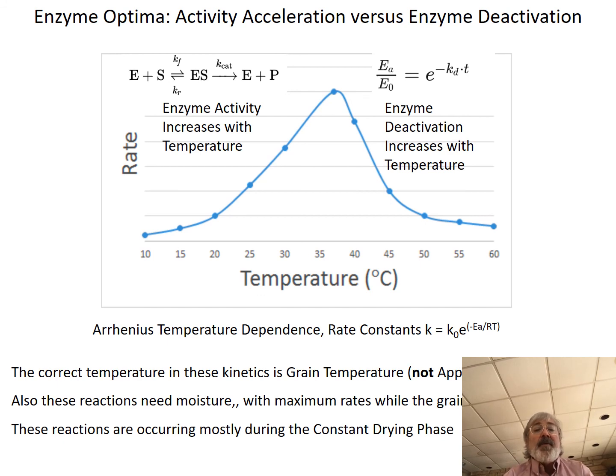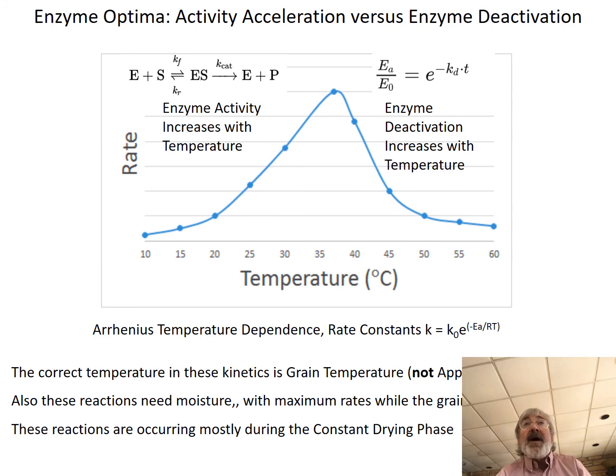Again, the correct temperature in these kinetics is the grain temperature, not the applied air temperature, and it's going to be way different. These reactions also need moisture, so these are all happening faster at higher moisture contents. Enzyme deactivation, for example, we know that enzymes are much more sensitive at high moisture, and they become much more stable at low moisture.